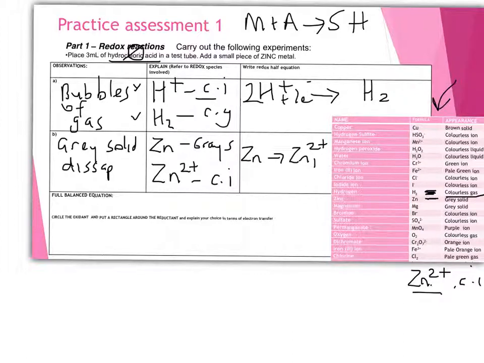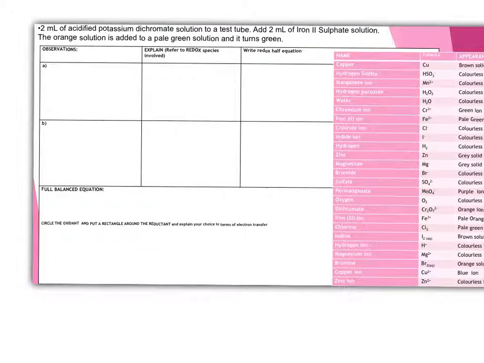Okay, so you would do that, and when you've done that, that's getting it up to a merit level, and when you add the whole thing to make a whole equation here, and putting a rectangle around the reductant and a circle around the oxidant down here, that gets you up to your excellence.